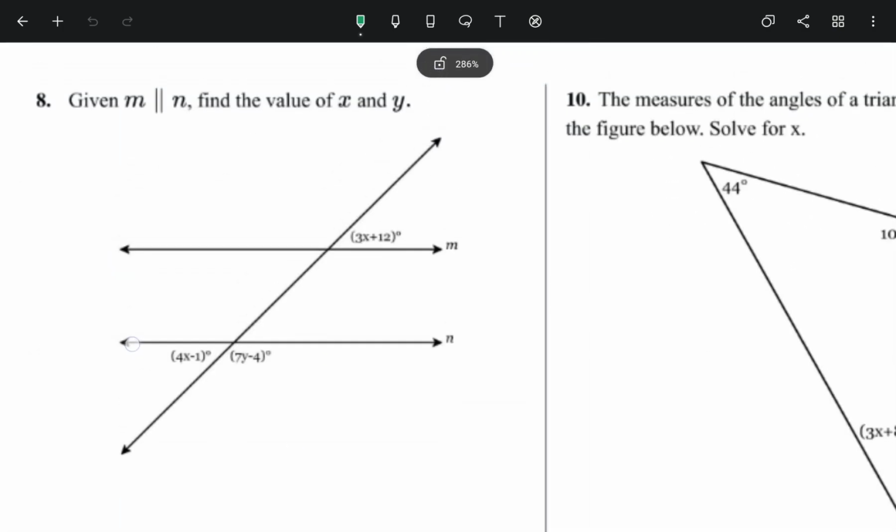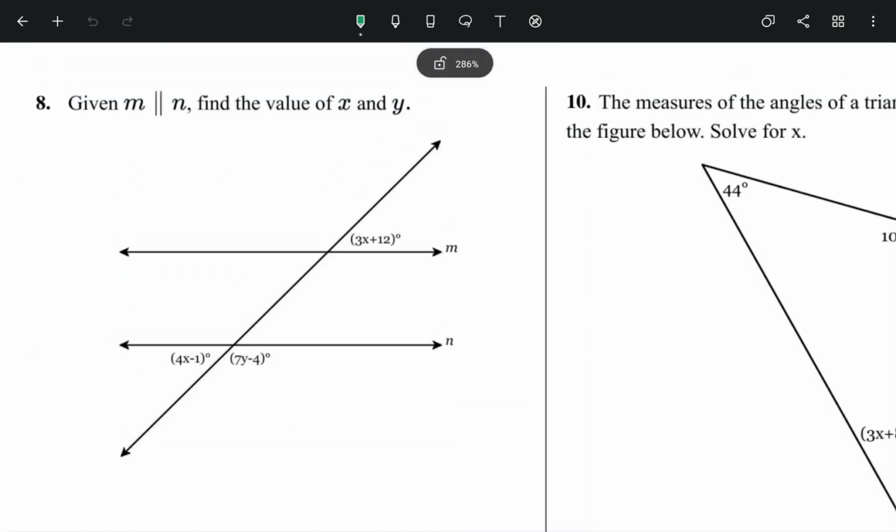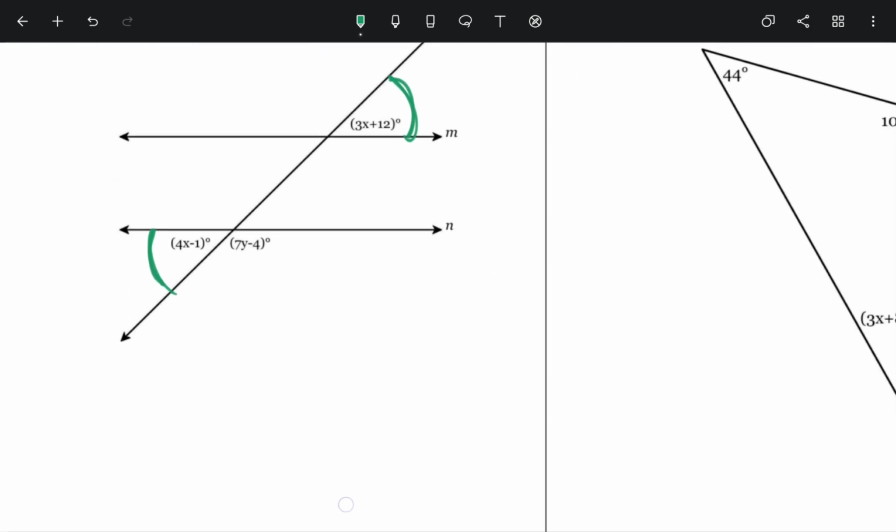Okay. Alrighty. Now for number 8, same sort of deal. We have two variables we're trying to find though. So first I can see this angle and this angle both have x. So I'm going to work with these first.